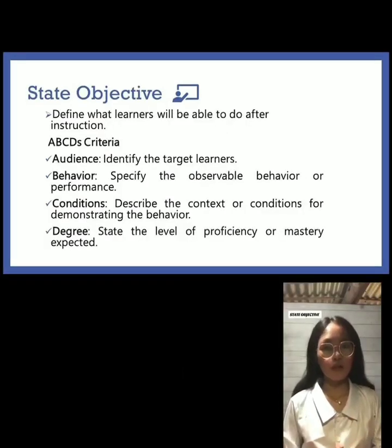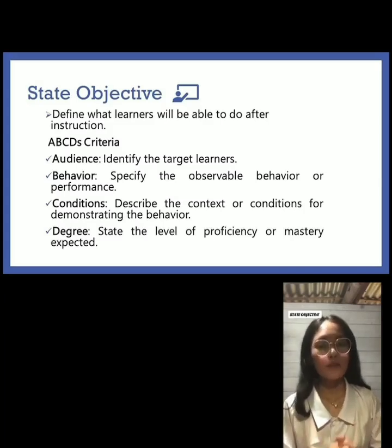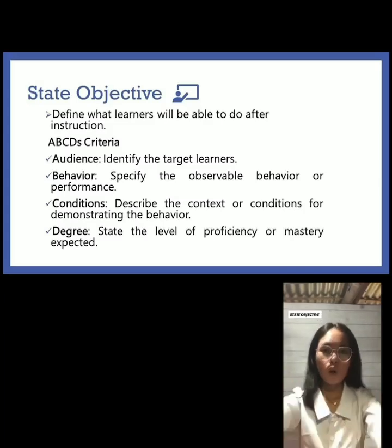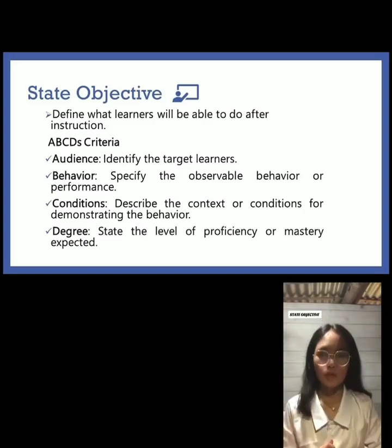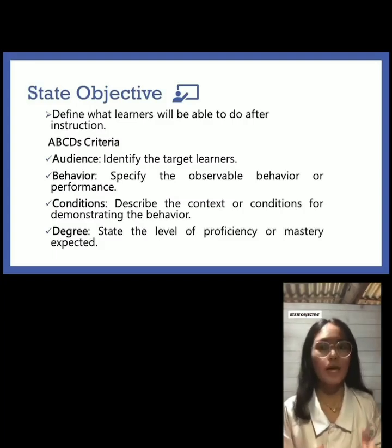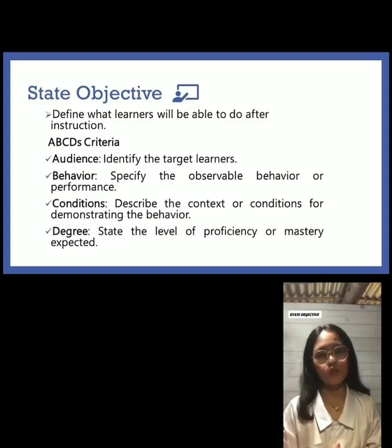In the SURE model, state objectives means clearly defining what students should know or be able to do by the end of the lesson. For example, by the end of the lesson, students will be able to identify and describe different types of force such as gravity and friction and give examples of each situation.